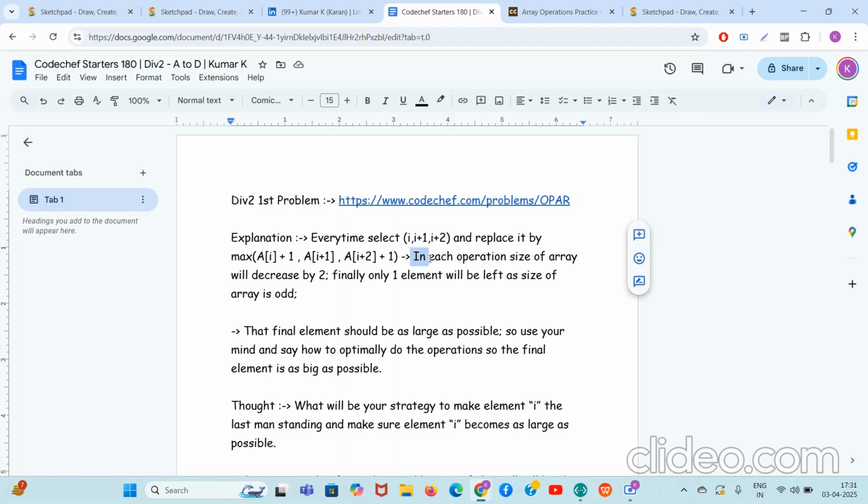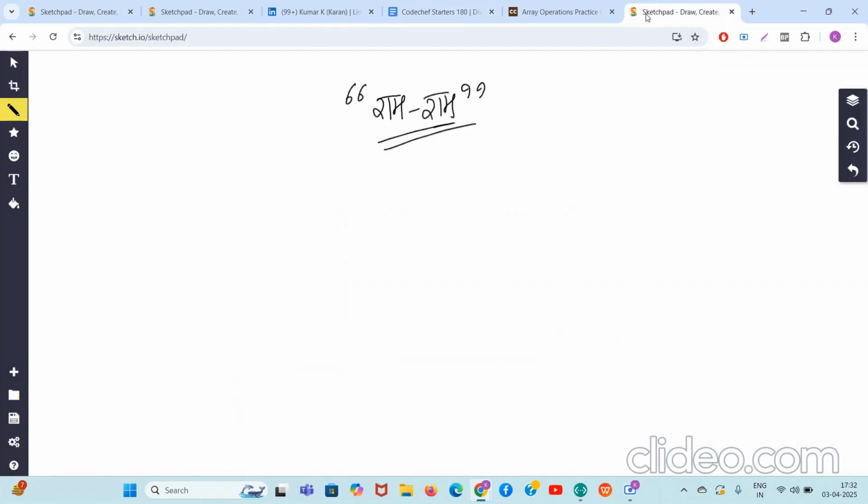In each operation, replacing three consecutive numbers by one number, the size of the array decreases by 2. Finally, only one element will be left as the size of the array is odd. That final element should be as large as possible, so use your mind and say how to optimally do the operations so the final element is as big as possible.